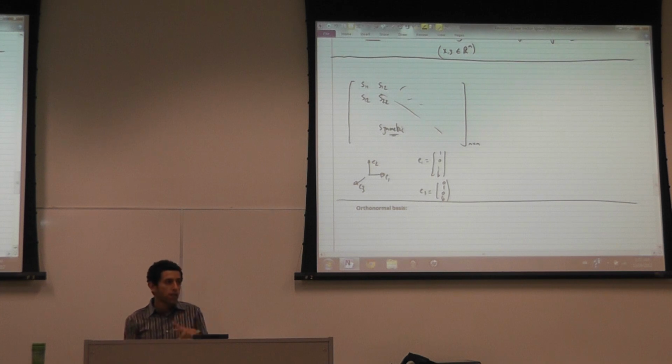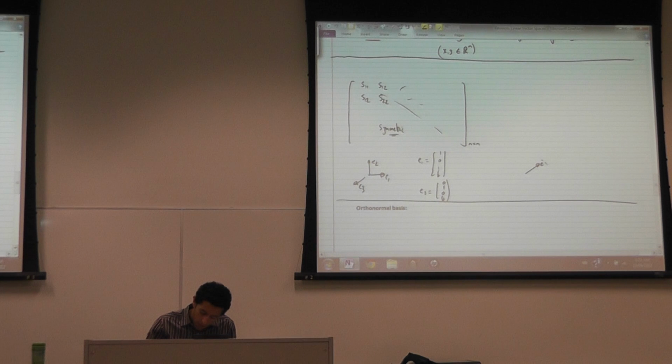If this is a symmetric matrix that appears in this n-dimensional vector space where I'm using this traditional basis set, I can find another basis set that's also orthonormal, in which this matrix is actually diagonal.